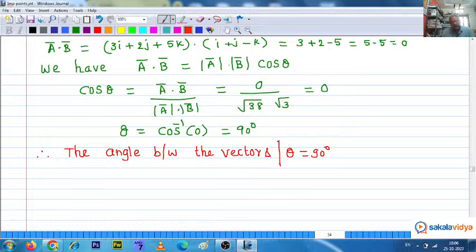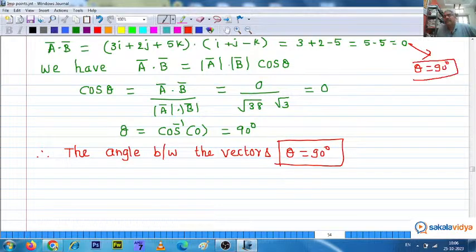I hope it's very clear. You can directly write theta equal to 90 degrees; you need not require this step also.